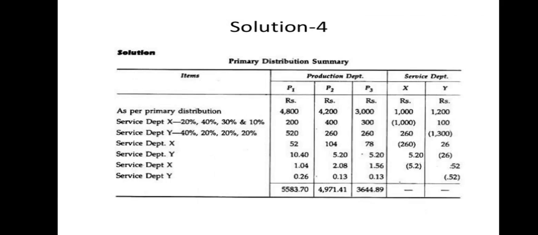So altogether, whatever balances are there in service departments X and Y should be apportioned on the percentage that is given in the problem. So students, when you do the solution, please be very careful that whatever balances are there in service departments, they should be apportioned on the basis of the percentages given in the problem.